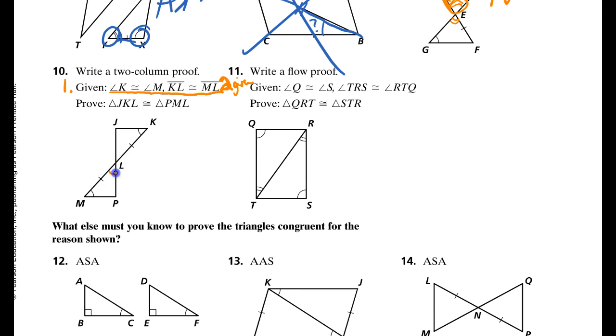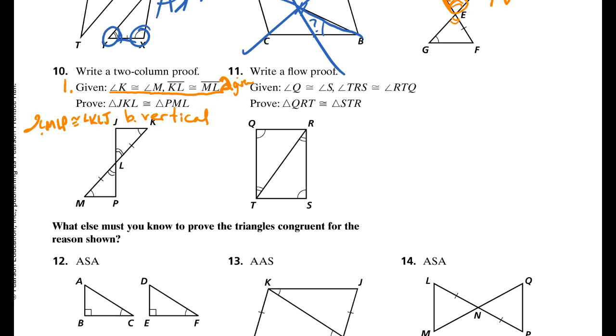Next statement will be MLP congruent to KLJ. And why are those 2 angles congruent? Oh, I should use 2 hatch marks. Yep, because they're vertical. So that means, let me clear this up, except for, of course, my vertical angle arc marks.